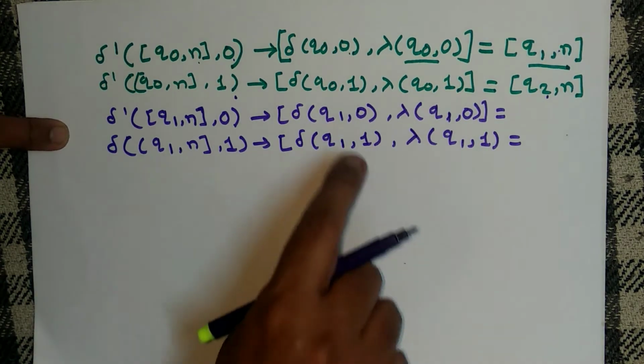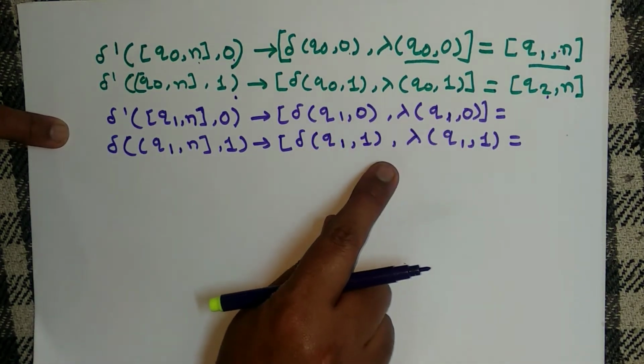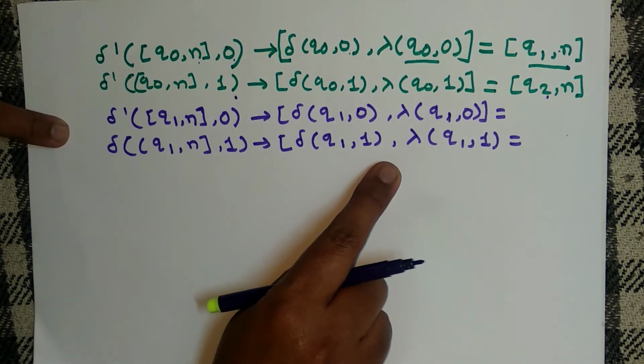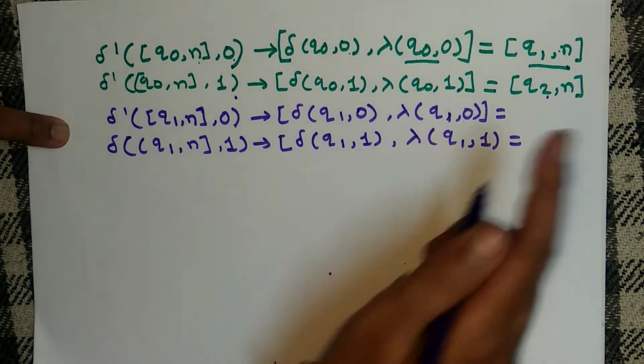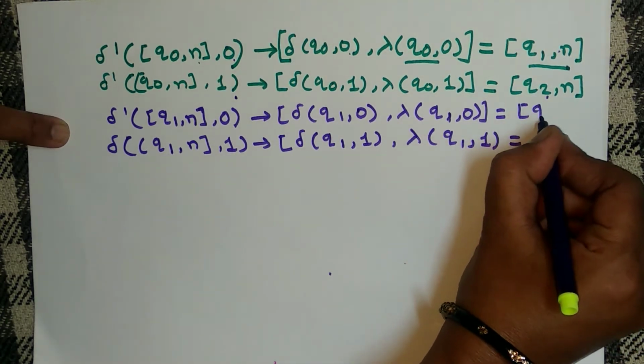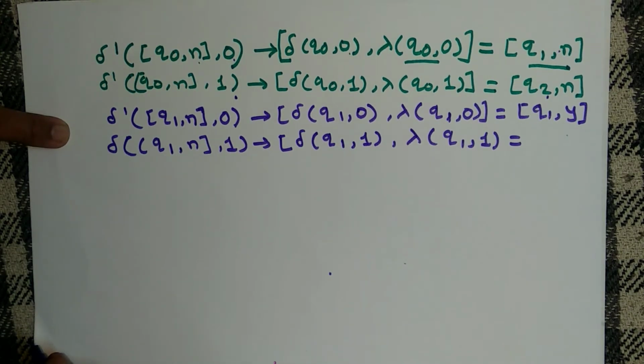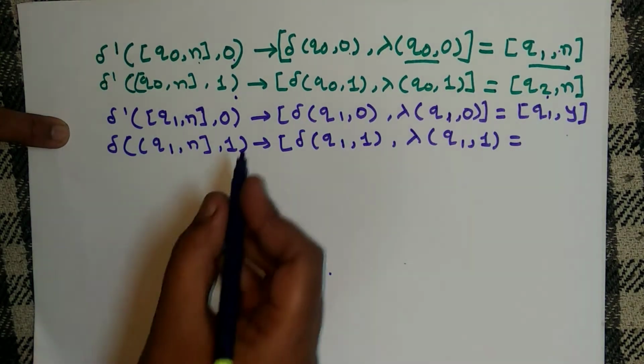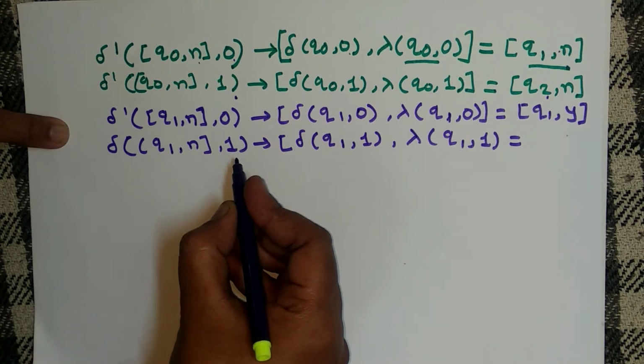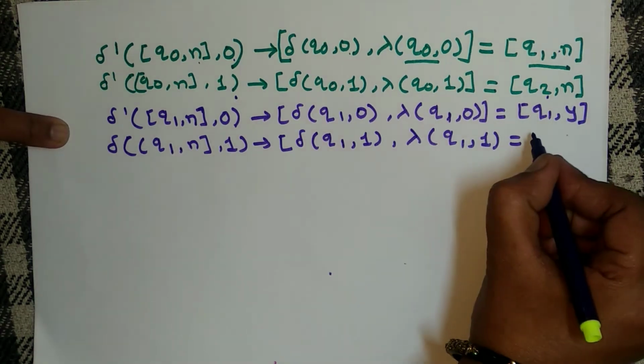So, we can check these transition functions in the given diagram. By checking, for Q1 over 0 we will get Q1y. And by taking Q1n over the n, we will get Q2n.